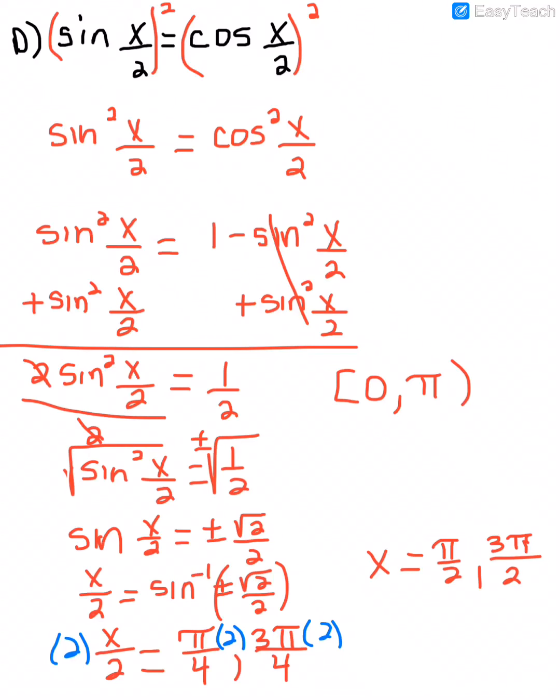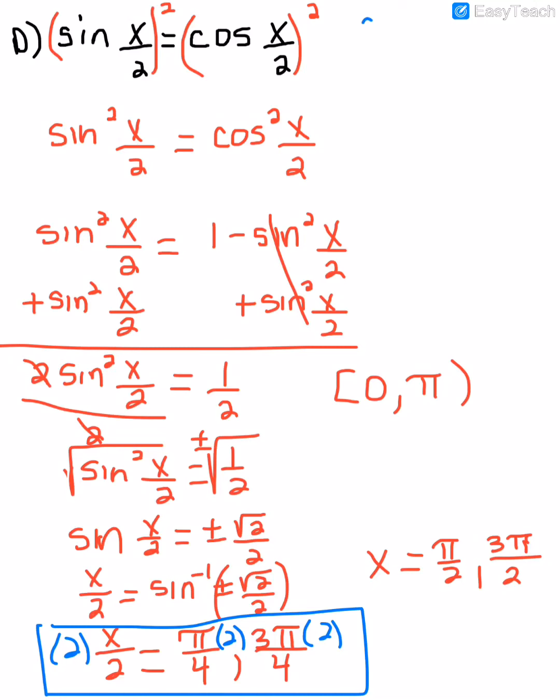So if we go back to the original equation, sine of x over 2 is equal to cosine of x over 2. Actually, it would be easier if we just backed it up one step, to the part of the answer where I have what x over 2 is equal to. If I check my first solution, x over 2 would be pi over 4.